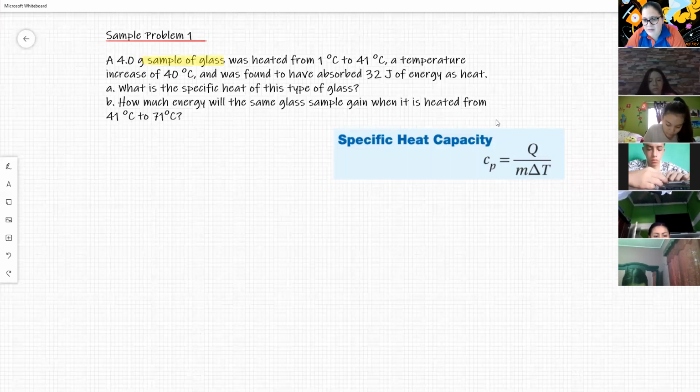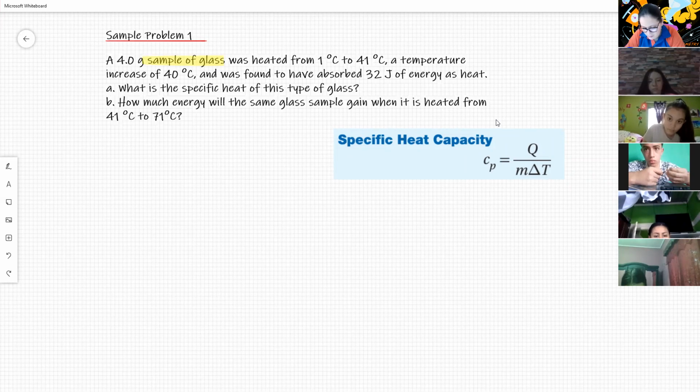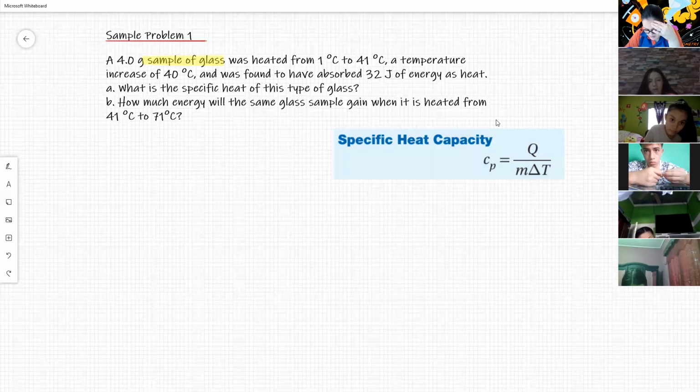That is one of my substances, okay? Now let's see if we can find another substance. It says the 4 gram sample glass was heated from 1 to 41 and was found to have absorbed 32 joules of energy. What is the specific heat for this type of glass and how much energy will the same glass sample gain?